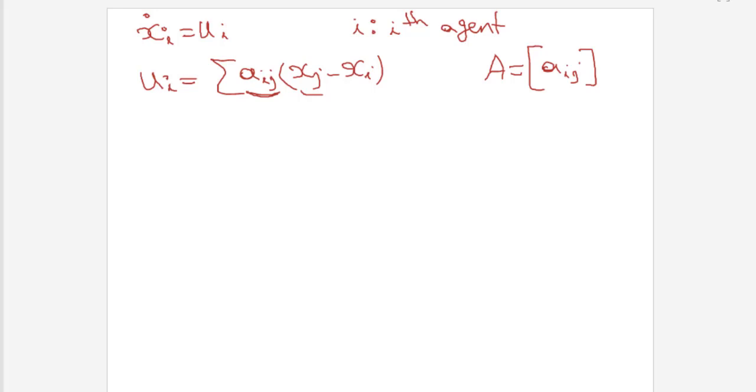Okay, we substitute ui in this equation. xi dot equal to the sum of aij (xj minus xi).